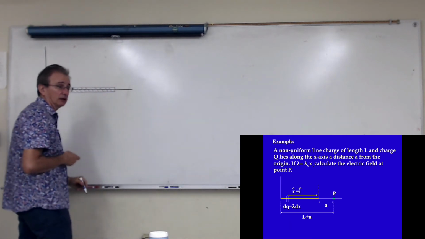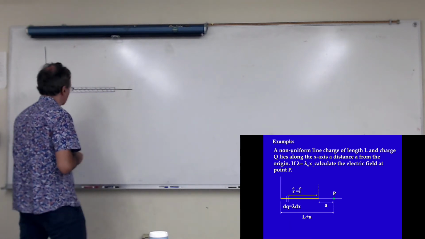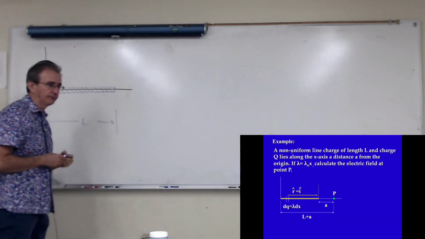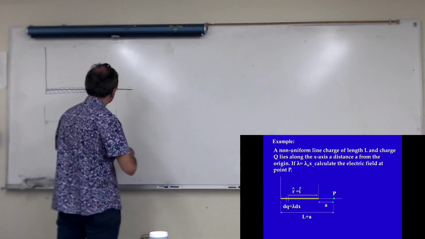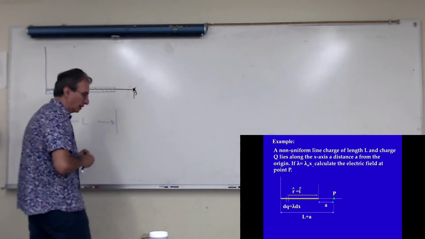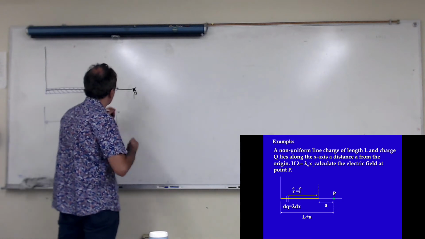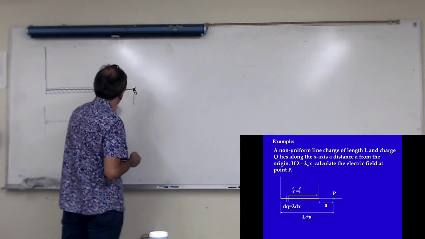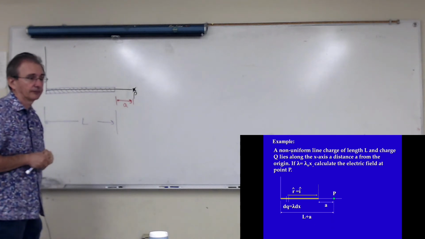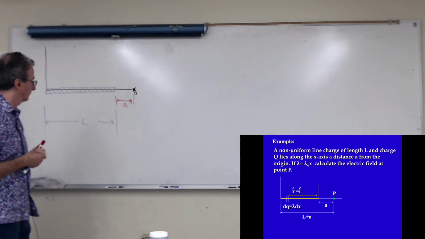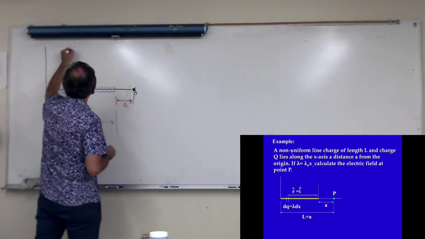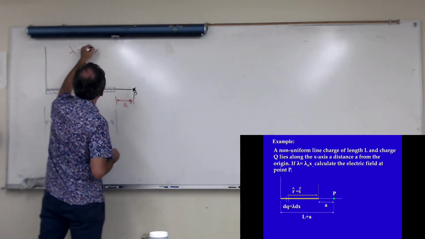So its length is L. We want to determine the field at some point P, some location P, that's a distance A from the end of the rod. The charge density, lambda, is some constant lambda naught times x.